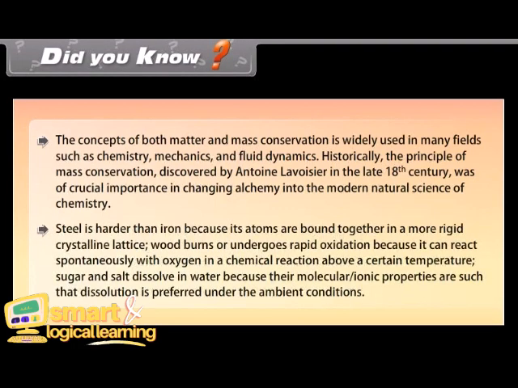Steel is harder than iron because its atoms are bound together in a more rigid crystalline lattice. Wood burns or undergoes rapid oxidation because it can react spontaneously with oxygen in a chemical reaction above a certain temperature. Sugar and salt dissolve in water because their molecular and ionic properties are such that dissolution is preferred under the ambient conditions.